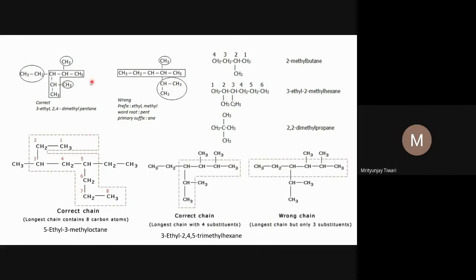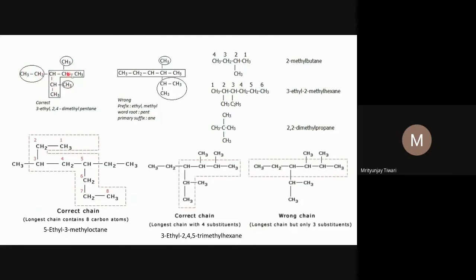Now let's see some other examples. In this example, following the rules that we have seen for branching, if you follow from this direction, there are one, two, three, four, five carbon atoms. From this direction as well, one, two, three, four, five. But if you go in this direction, there will be only two branches, the isopropyl group and the methyl group. However, if you go from the other direction, you get one branch here, one branch here, one branch here.